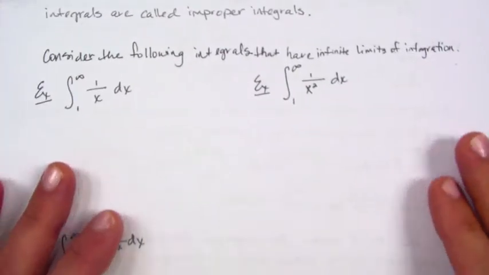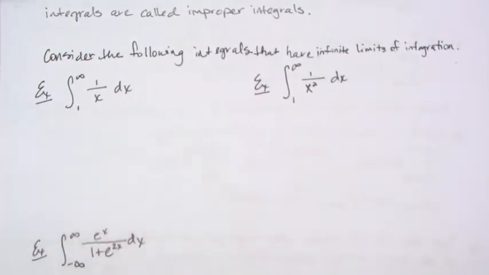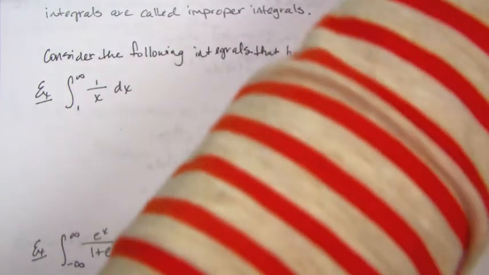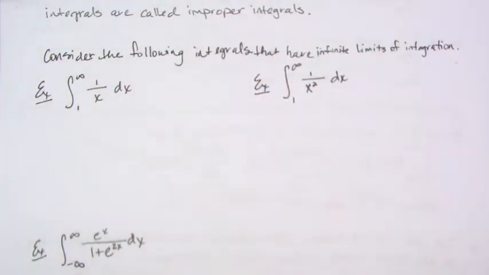So consider the following integrals that have infinite limits of integration. Take a look at that first one: the integral from 1 to infinity of 1 over x dx. Well, 1 over x is one of your parent functions from pre-cal. What's it look like?